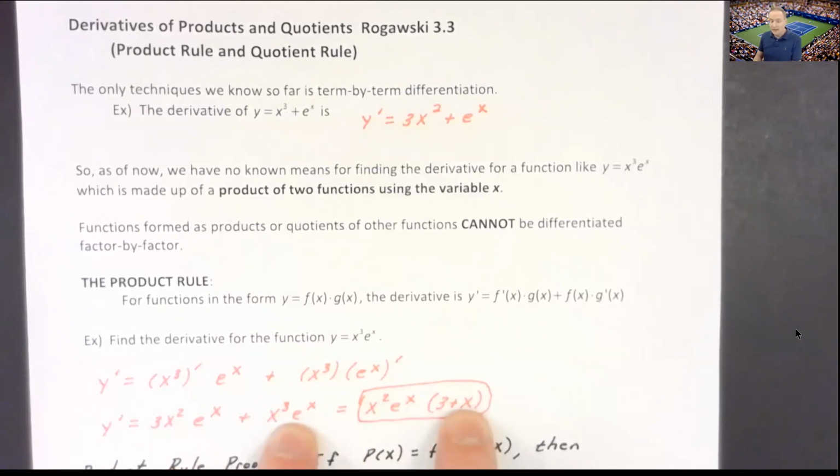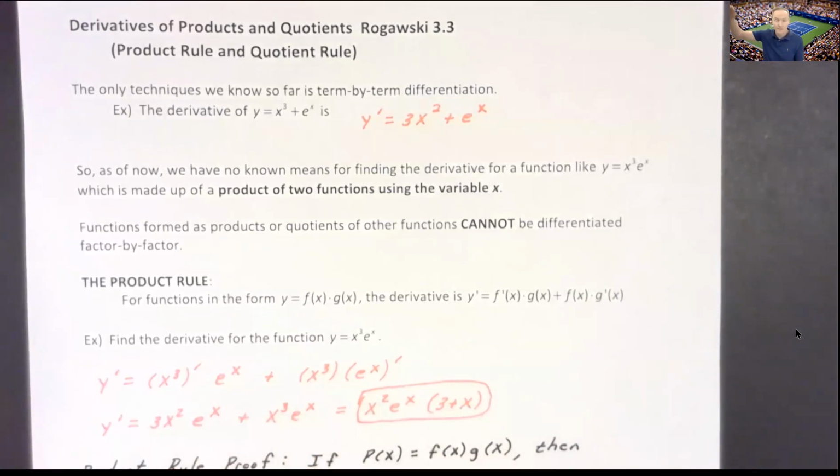Now, later on, when we have application problems, like when we're trying to find when a function is either maximized or minimized, we already know that the derivative is the rate of change. So think about what happens if you set the derivative equal to 0.